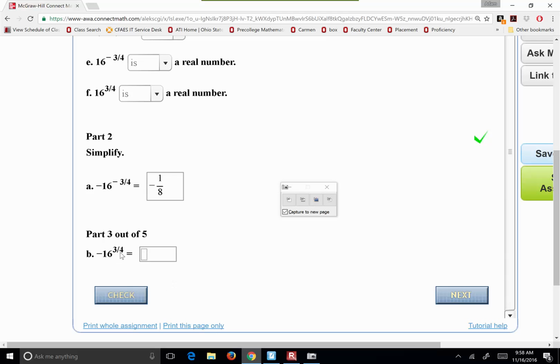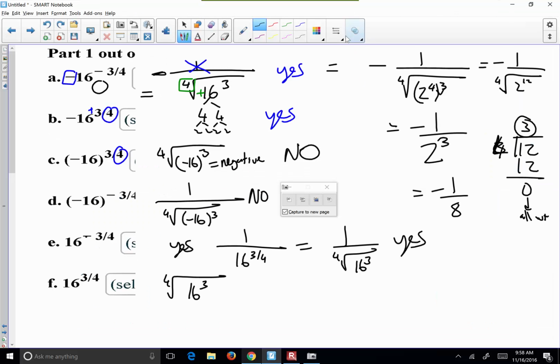Alright, what's the trick on this one? You no longer have a fraction on this because it's positive power. It's not a fraction. So you need to flip this. There is no fraction anymore, but you still have the minus sign. So it's minus 8 the answer.